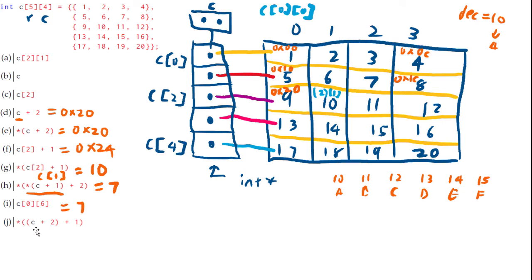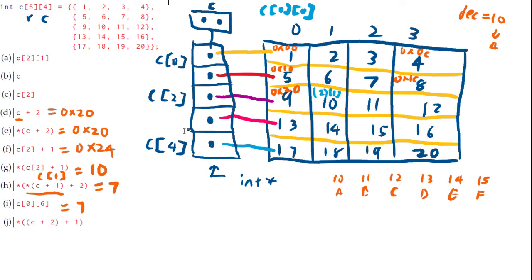Let's look at the final question. C plus 2. What is C plus 2? If C plus 2 did not dereference, that means we are in this position. So we are going from C0, one time, two times. Then we are here. And then we advance one time again, we are at C3.